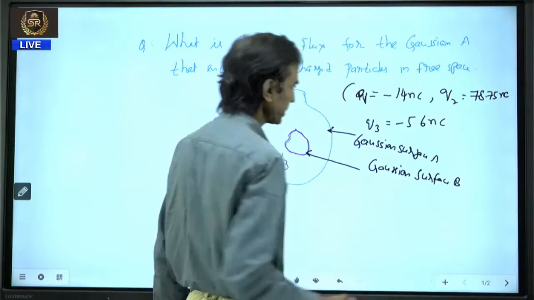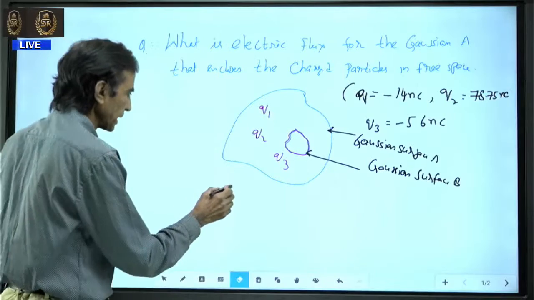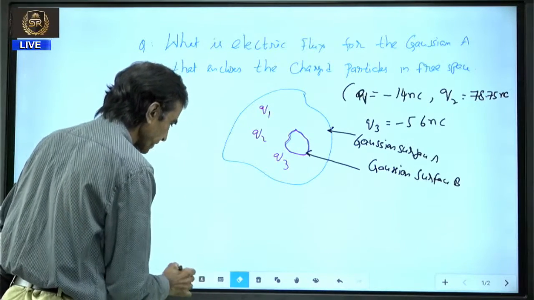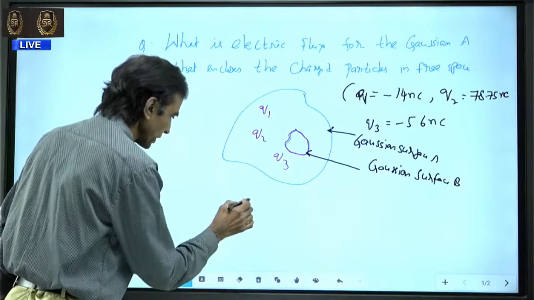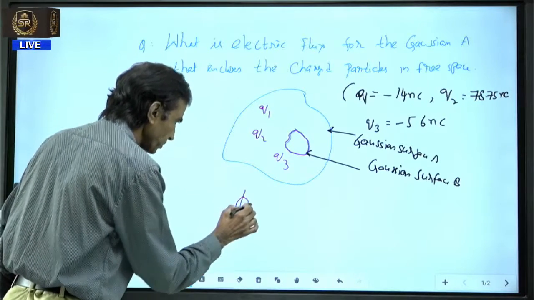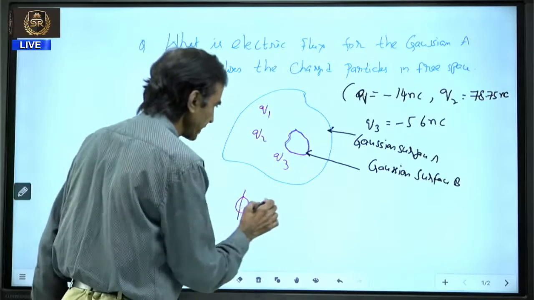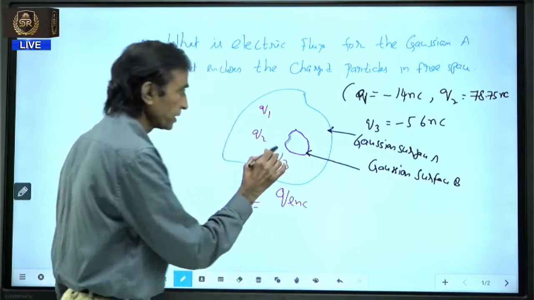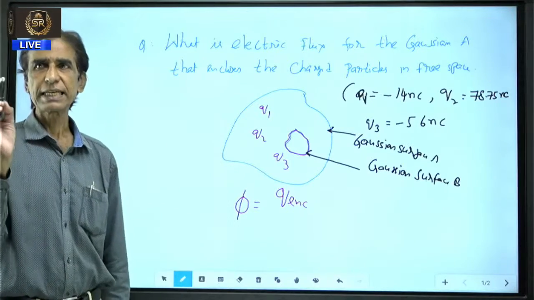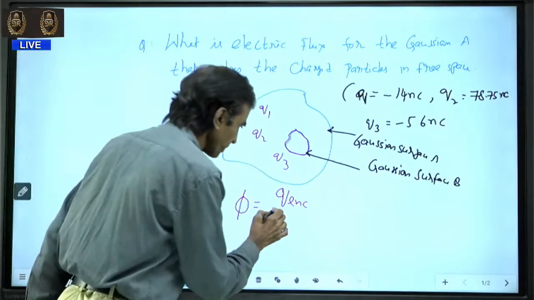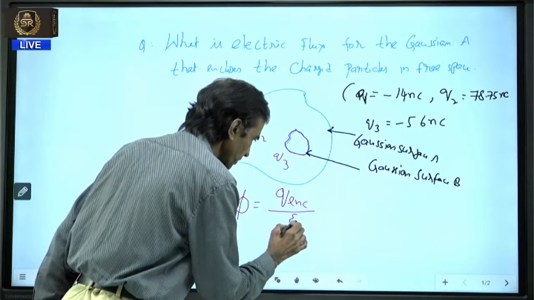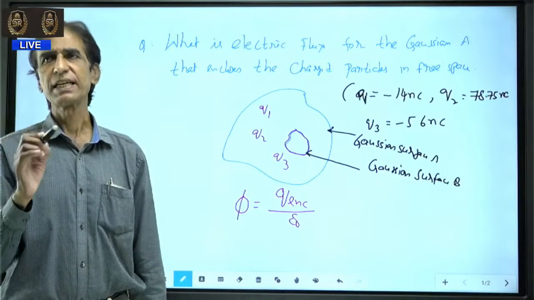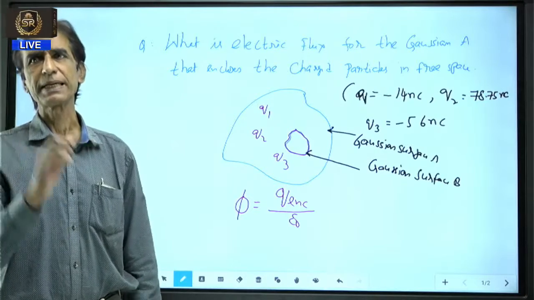So what is our Gauss law? The electric flux passing through a Gaussian surface, phi, is equal to Q enclosed, meaning the net charge inside the Gaussian surface, upon epsilon naught, where epsilon naught is the absolute permittivity or permittivity of free space.